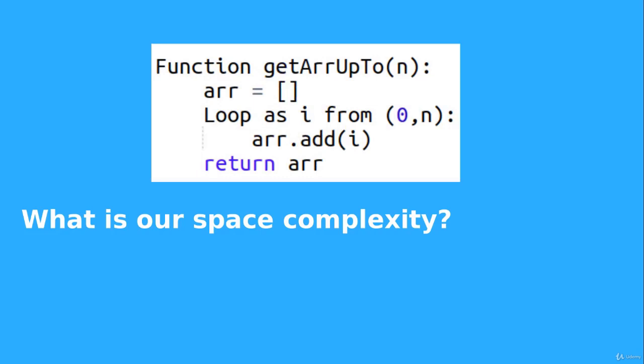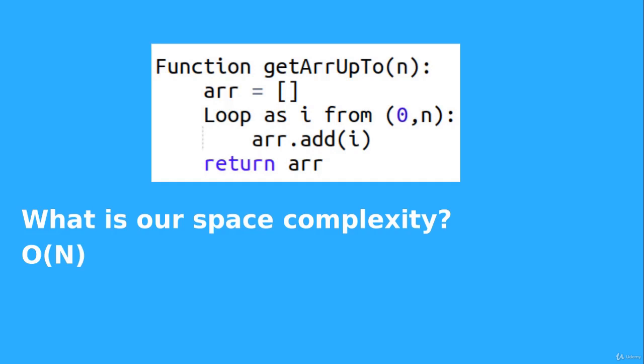Let's see another example. This time we have a function called getArray_up_to, which takes in some number n as input, and all this function does is loop n times and append the index of the loop to an array that we created before the start of the loop. So what is the space complexity for this case? Well, the algorithm is actually linear.